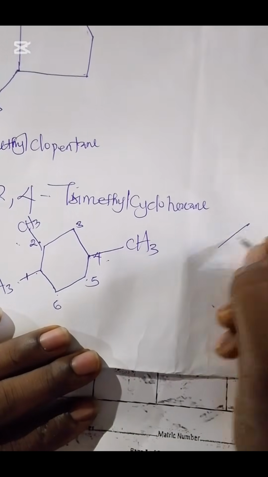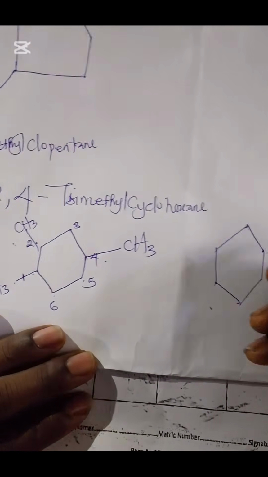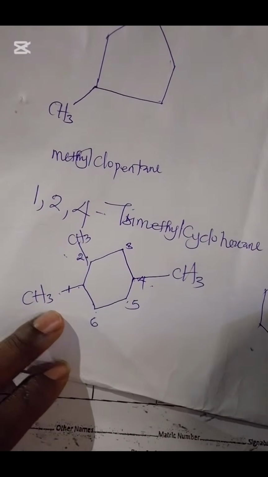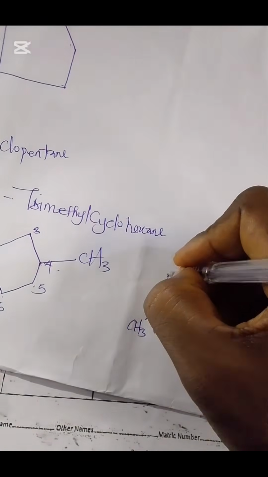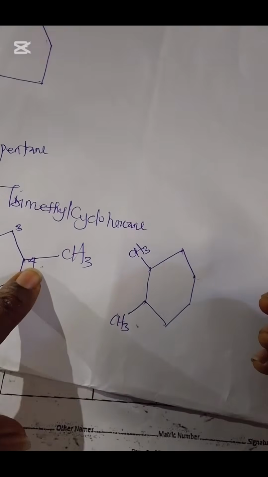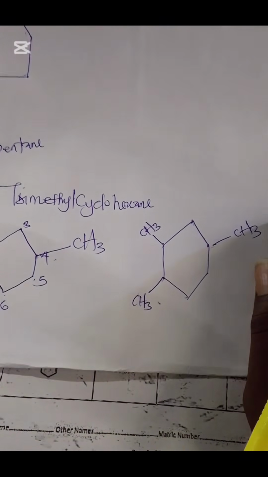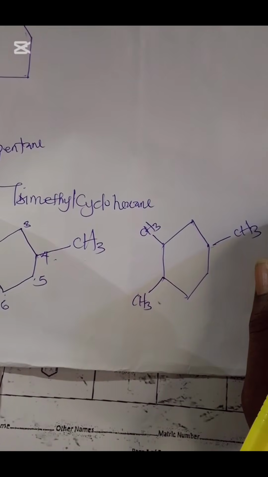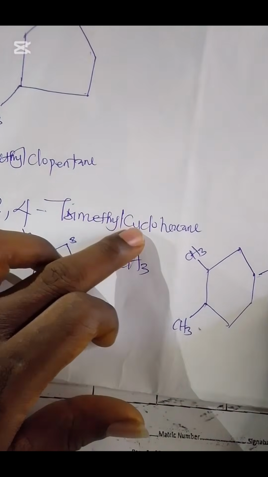So the diagram will look this way. 1, 2, 3, 4, 5, 6. So we have CH3, CH3, and over here CH3. So this is called 1, 2, 4 trimethyl cyclohexane.